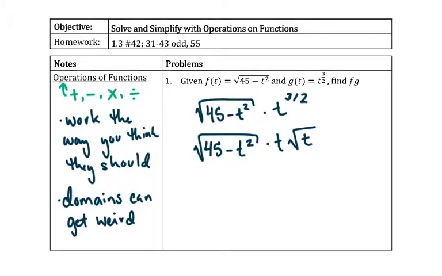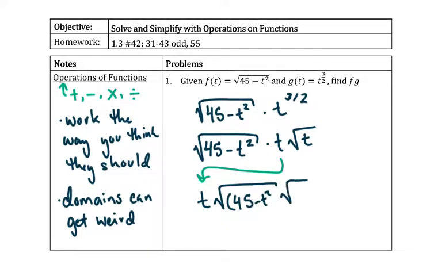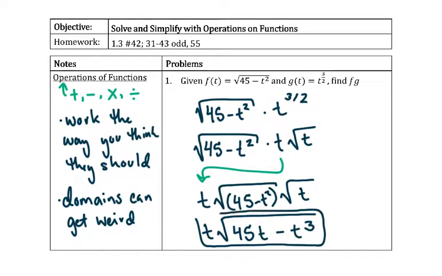So what I'll usually do here is just like we normally would, bring the rational term out front that's not in the square root, and then combine the radical terms, multiply them together. So 45 minus t squared times root t. And we end up with our final answer, t times the square root of 45t minus t cubed. And we're not going to talk about domain and range for this one, but we will for the next.